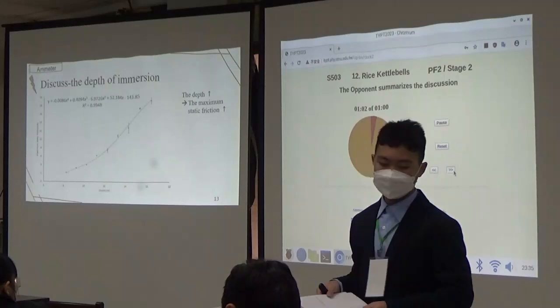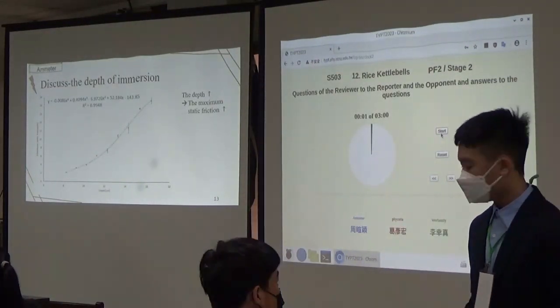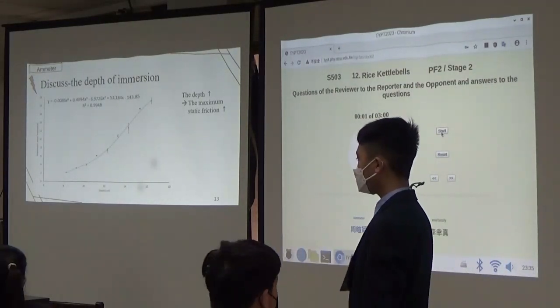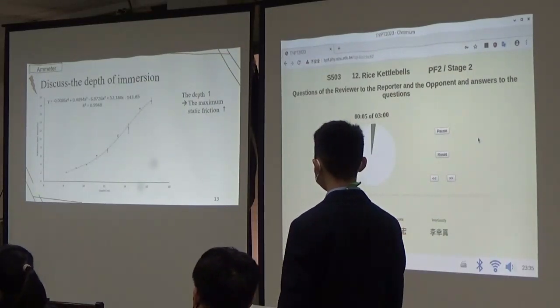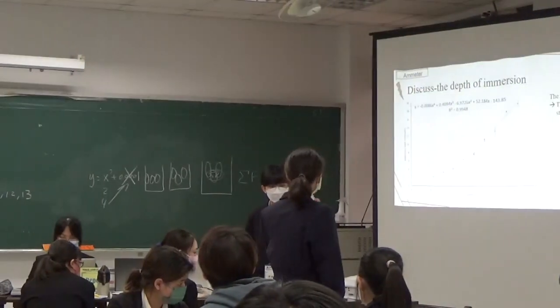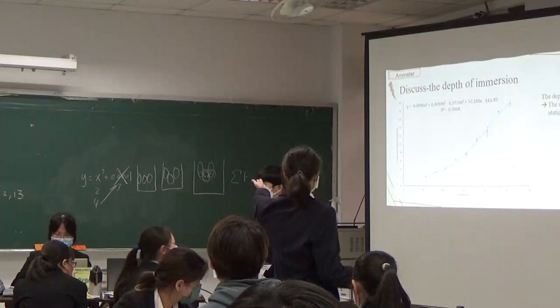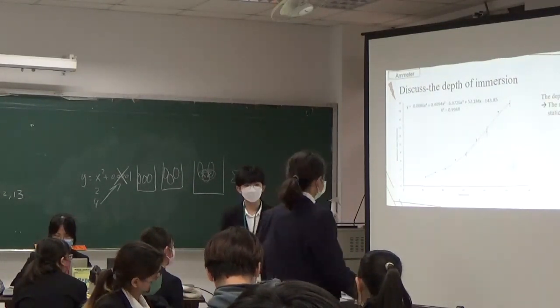Okay, that's okay. Now the reviewer, you have 3 minutes. Last question to both sides. For the reporter, I want to ask, how do you know the accurate attachment of a specific area of the stick? You want to know the contact area?